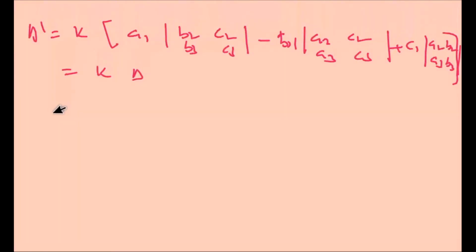Similarly, the opposite of this, we can take the common factor out from any row or any column. It is a very important property.